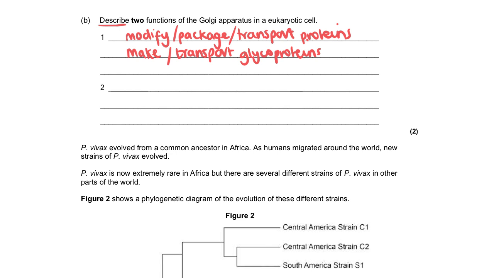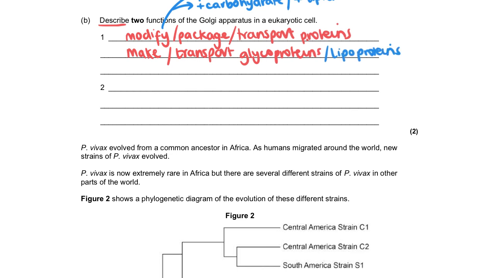Just to clarify other terms that you could have used, for modify, you could have used the term process. You could have also said that you are going to add carbohydrates to proteins. That's fine, and those would make up the glycoproteins. You could have also said that you're adding lipids to them to make them lipoproteins, so make or transport lipoproteins as well.